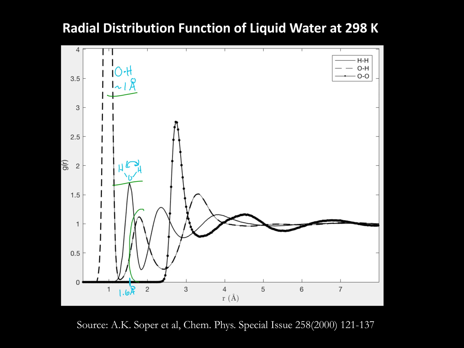We have our first intermolecular peak. What should we call this peak right here? This is our hydrogen bond.